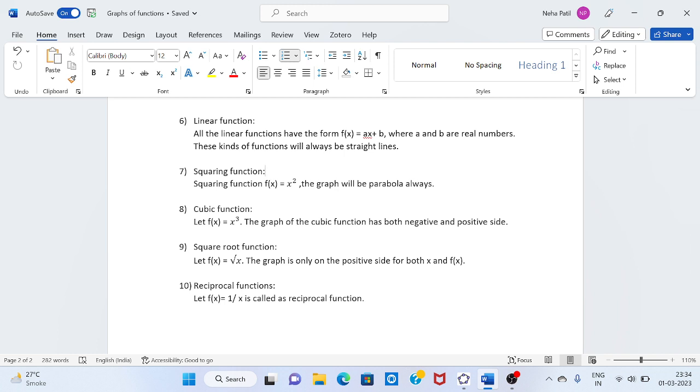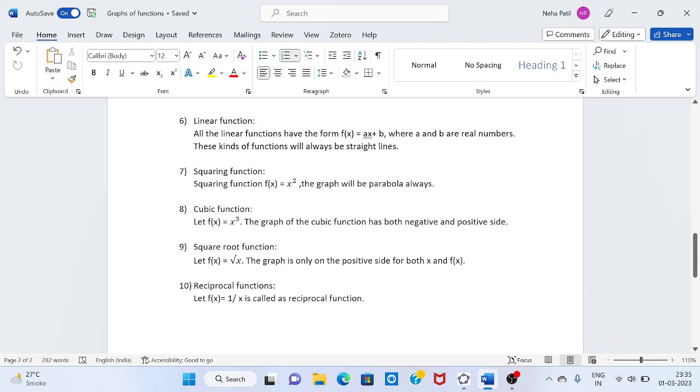The next we have is a cubic function. The cubic function is f of x equal to x cube. But when we see the graph of this function, it will lie on both sides, that is, on the negative side as well as on the positive side.